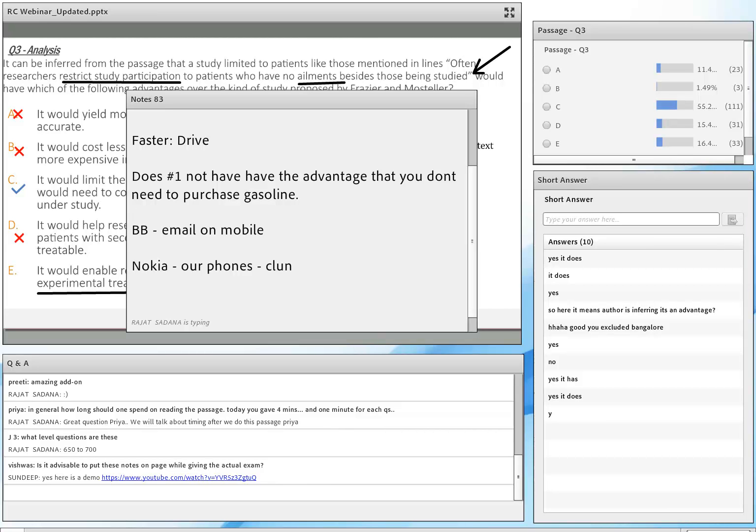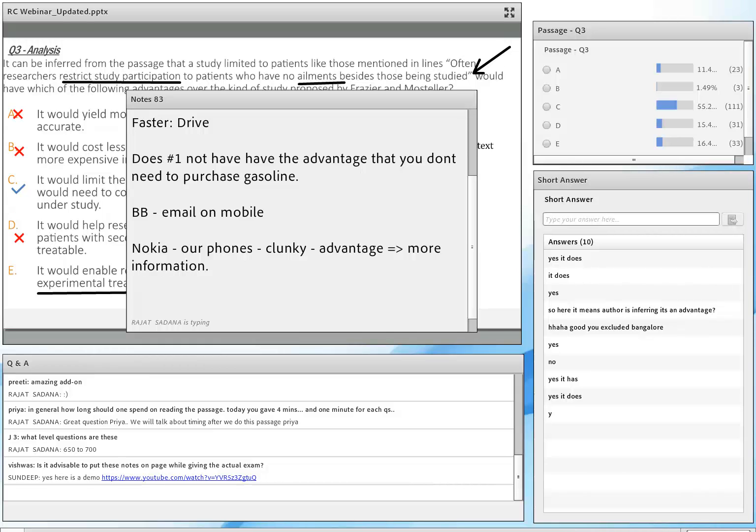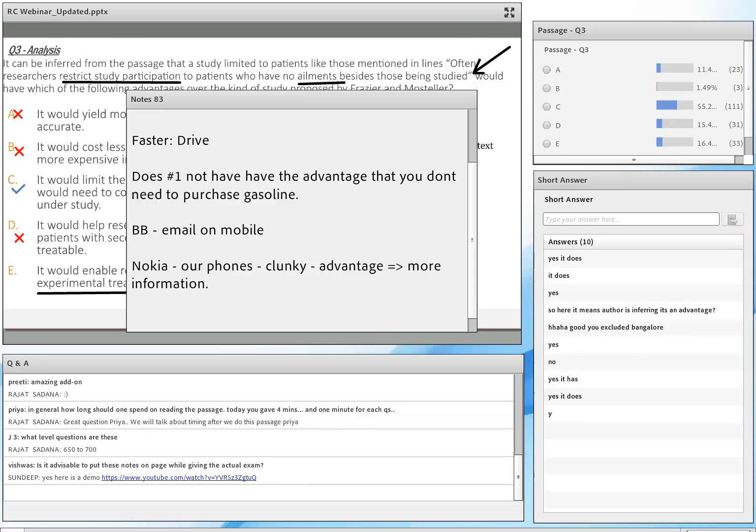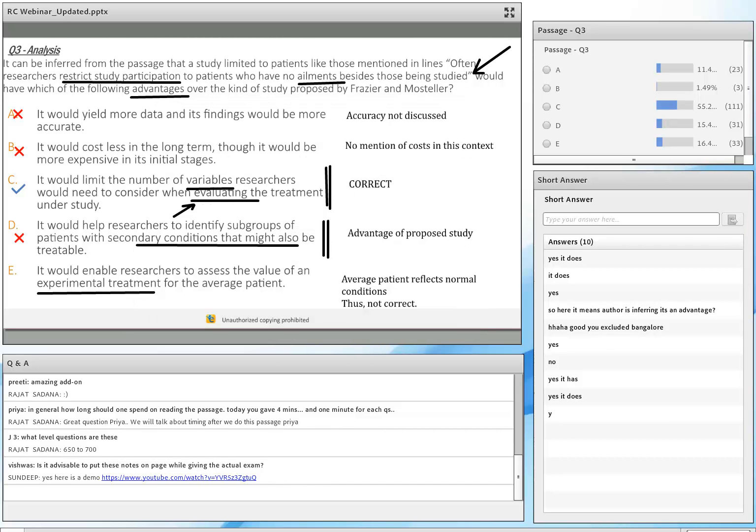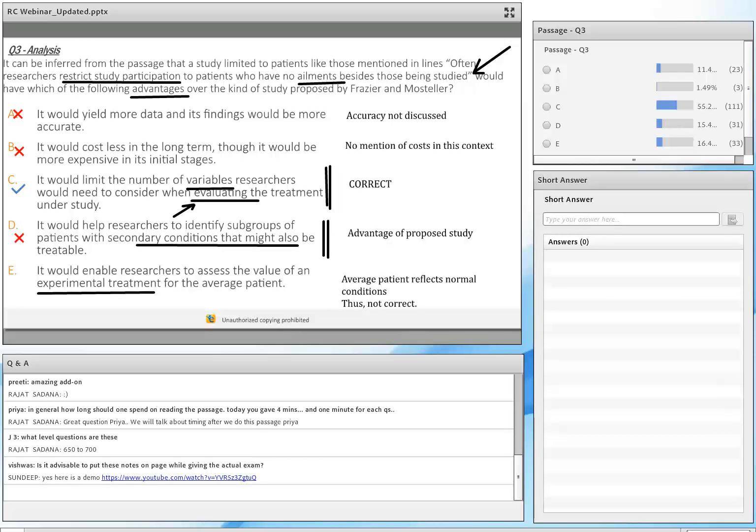Our phones were clunky when it comes to the email client, but the advantage was that you can get more information. Was that an advantage? Yes. Was that an overall benefit with regards to being more efficient? No. And that's where you have to understand the difference between an advantage, which is just a particular aspect, and a benefit, which is a more overall thing. Okay.